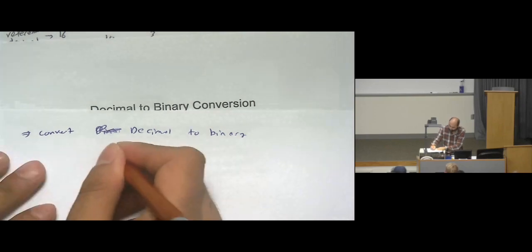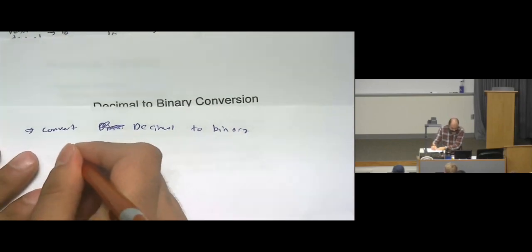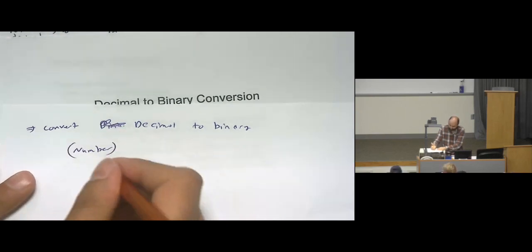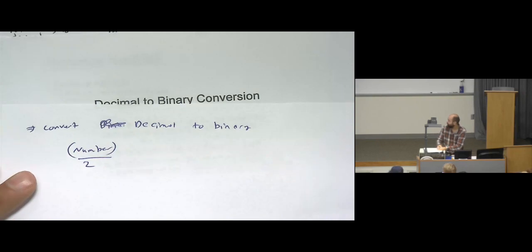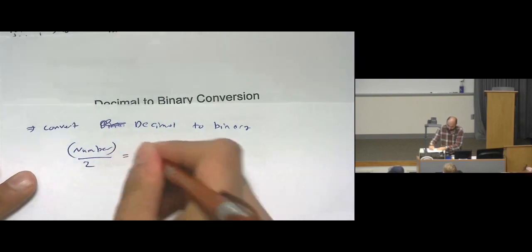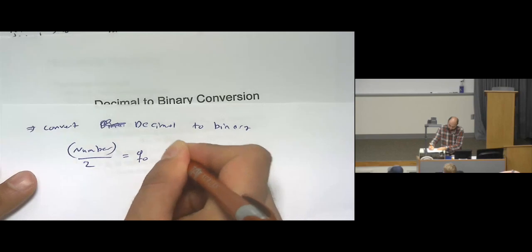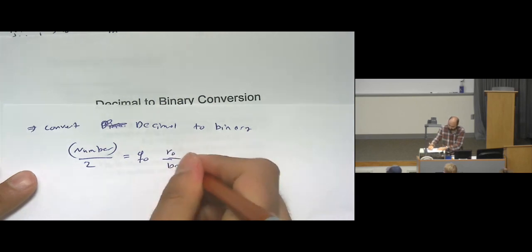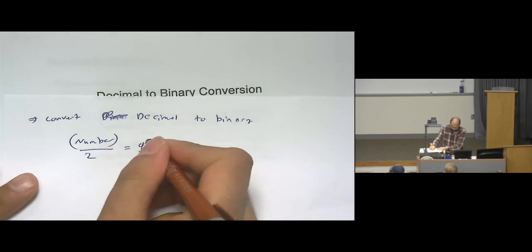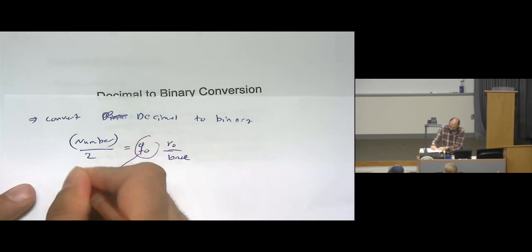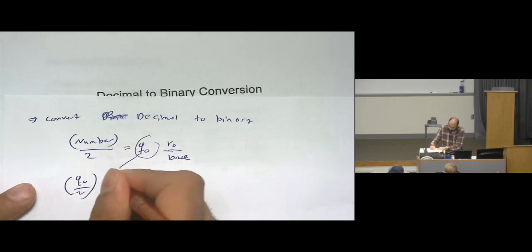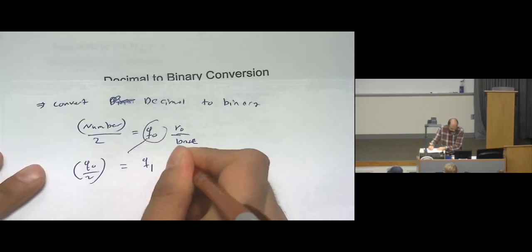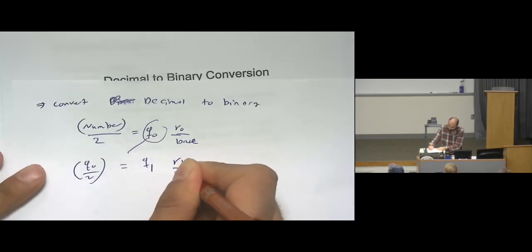Basically, when we look at any number, make sure that you divide it by 2 each time. So we will have the quotient, remainder, and here is the base. After that, take the quotient, divide by 2, and we will get another quotient, remainder, and here's the base.